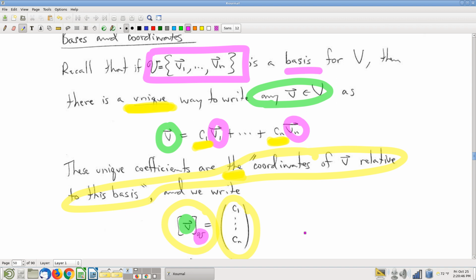This notation as a whole, given a vector, given a basis, means what are the coordinates, namely what are the coefficients in a linear combination of the basis vectors that gives me the original vector. Okay, so I hope everybody remembers this. This is from section 2.4, I guess it is, back in chapter 2. So old news, but I know it's been a while, and I just wanted to make sure everybody remembers this. Okay, well, before I go on, pause. Does anybody have any questions?